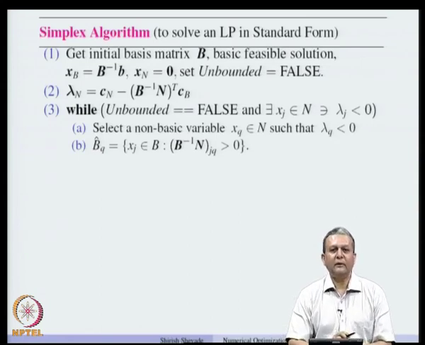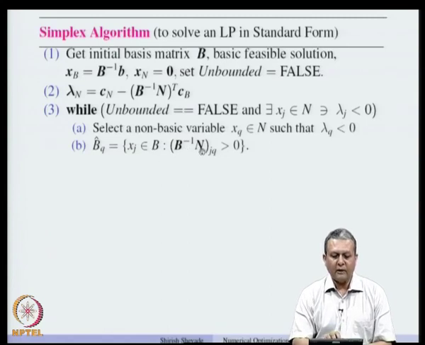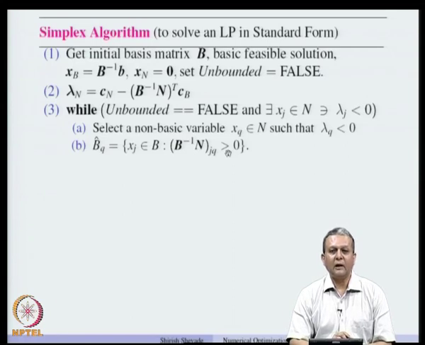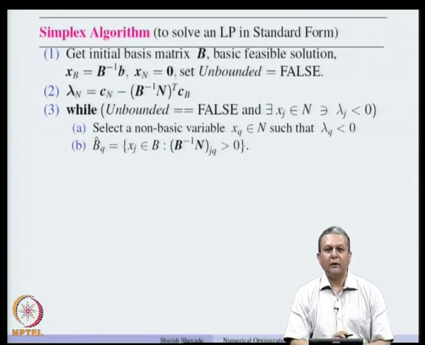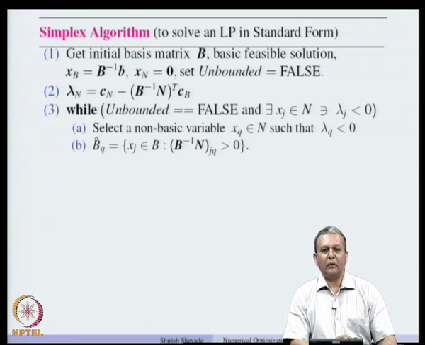Now, for the ratio test we need to first find out whether, in the q-th column of the B inverse N matrix, the entry is positive or not. As we saw in the last class, if B hat q is empty, that means in that q-th column we cannot find an entering non-basic or leaving basic variable, then the problem is unbounded.